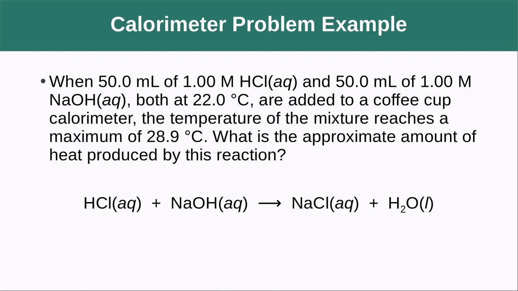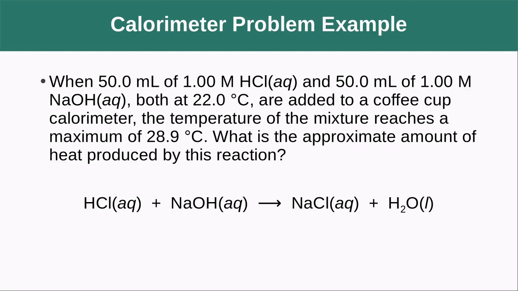So let's take a look at an example of that. When we are mixing 50 milliliters of 1 molar HCl and 50 milliliters of 1 molar NaOH, and both of those solutions are at 22 degrees Celsius, we add them into our coffee cup calorimeter, and the temperature of this mixture reaches a maximum of 28.9 degrees Celsius.